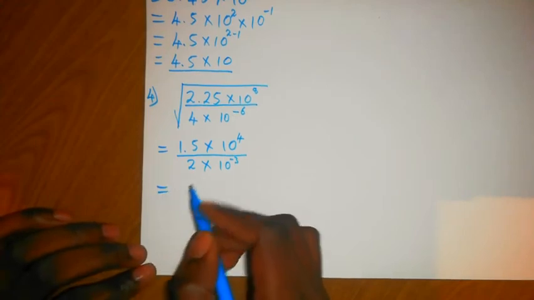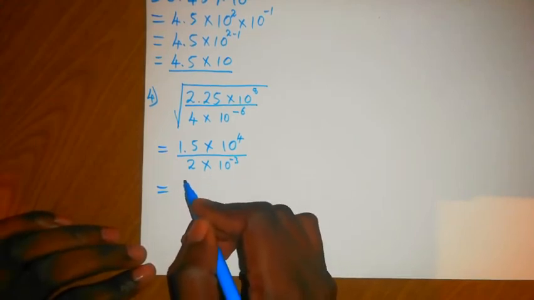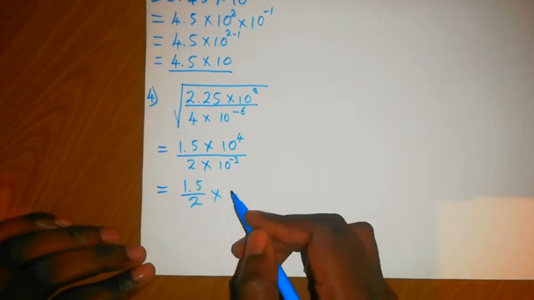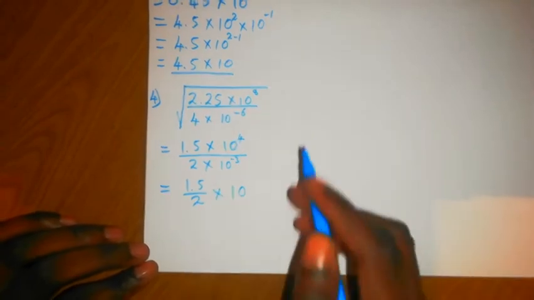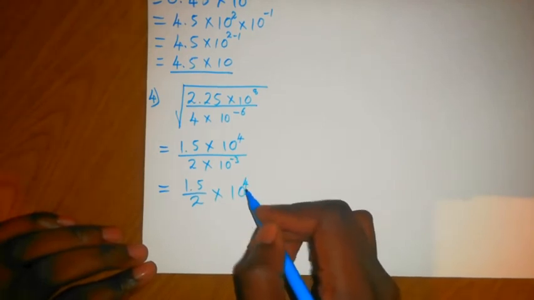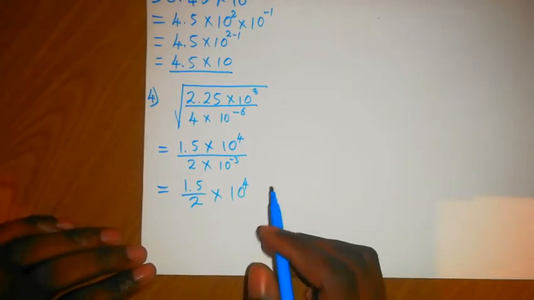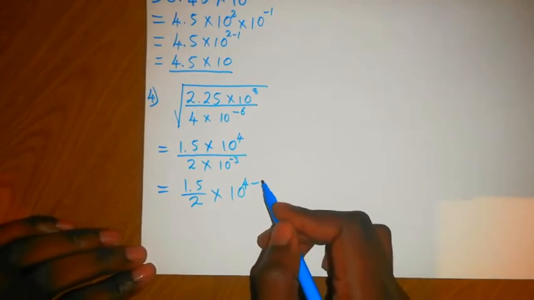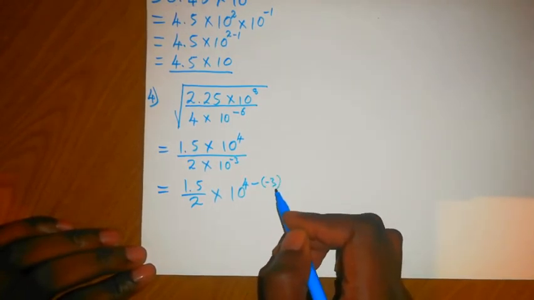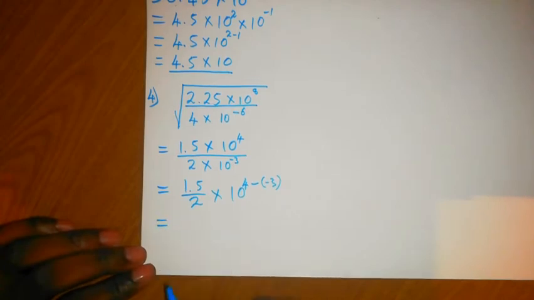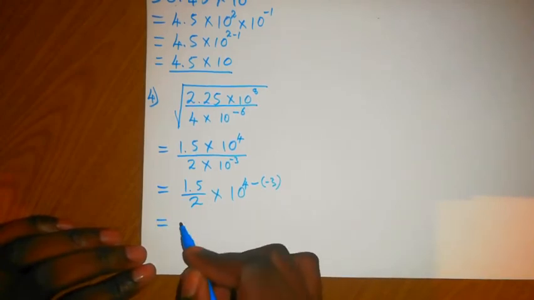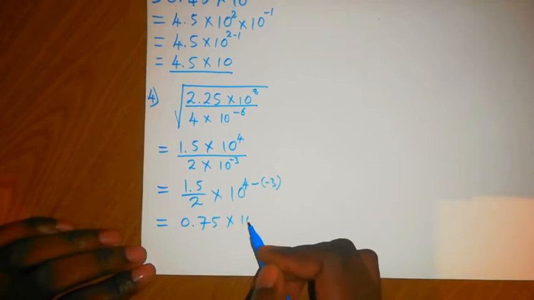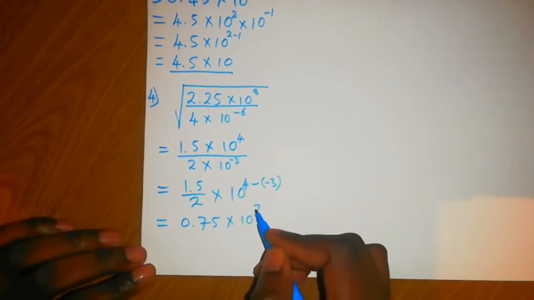I'm continuing there. I now split and say 1.5 divided by 2, then times 10. The first 10 is that one, so it's to the power 4. I'll then apply the laws of indices. If I'm dividing, what do I do to my powers? I'll subtract, so it's minus 3, like that. So it's equal to 0.75 times 10 to the power of 7.